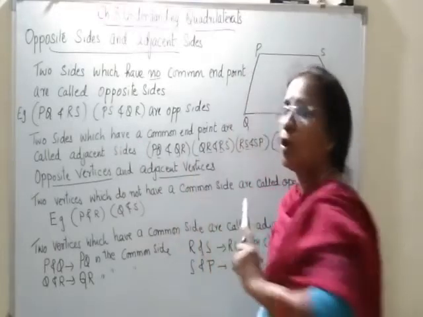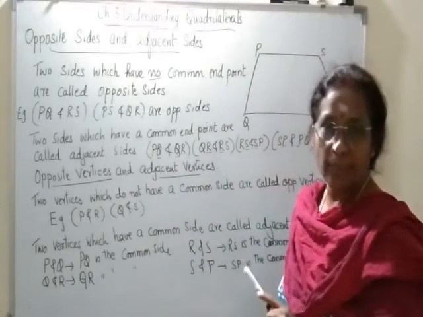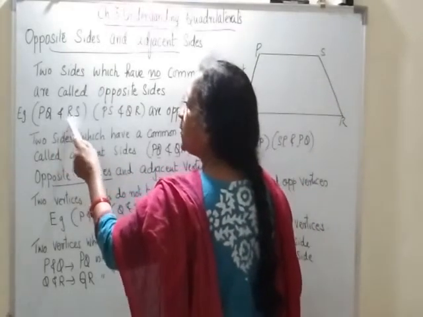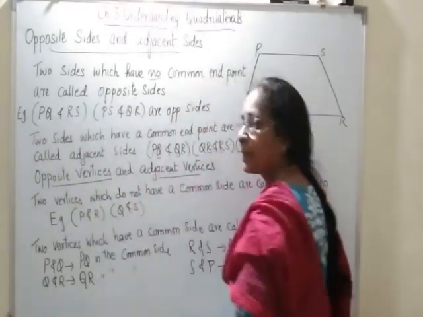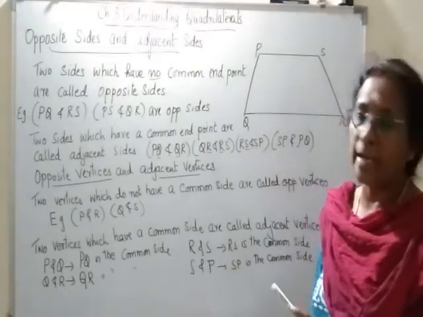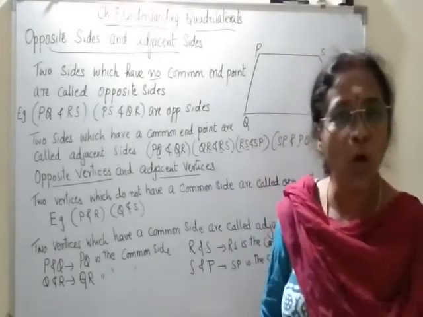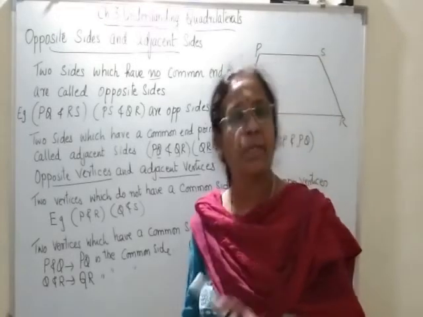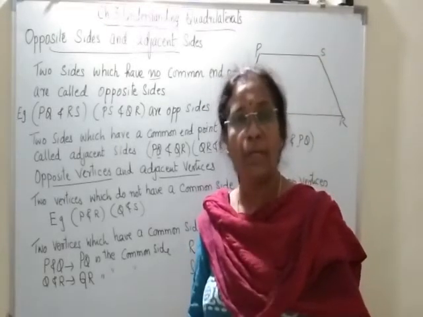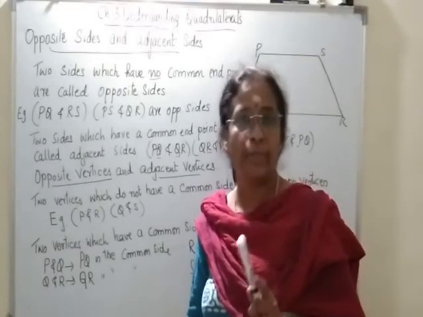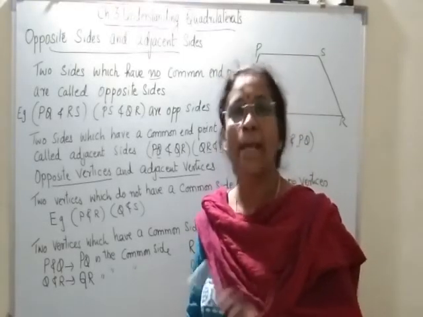That means no vertices are common. There is no common vertex. Similarly, PQ and RS. No letter repeated. No common endpoints. So, the sides which have no common vertex are called opposite sides, and sides which have a common vertex are called adjacent sides.